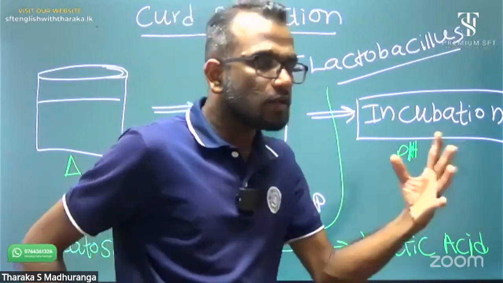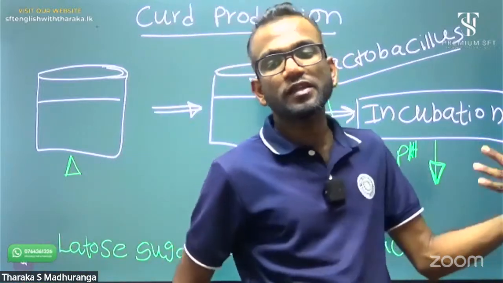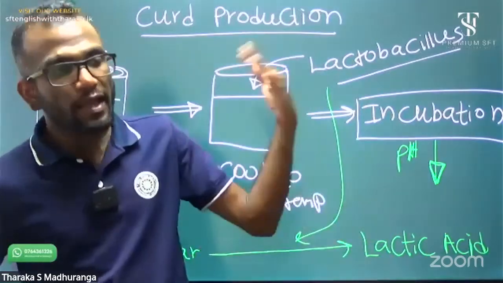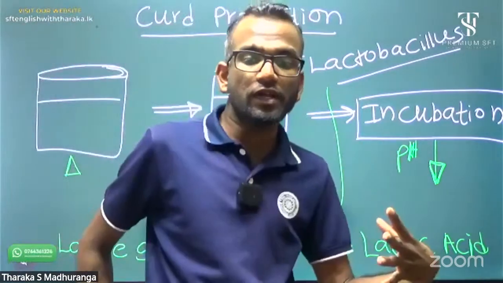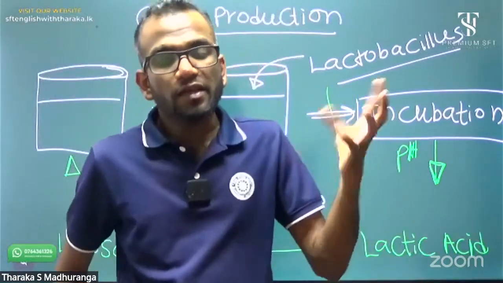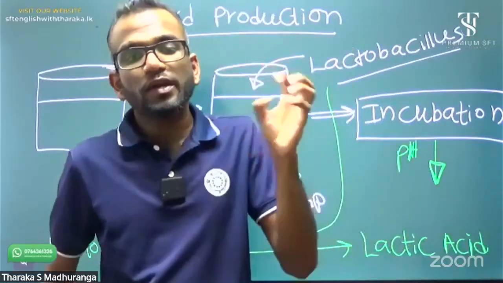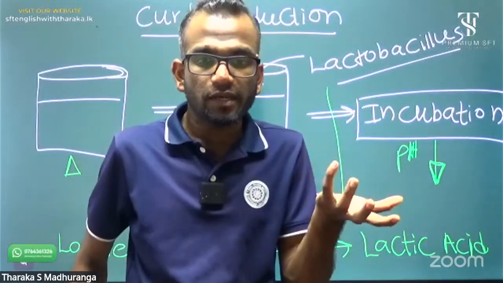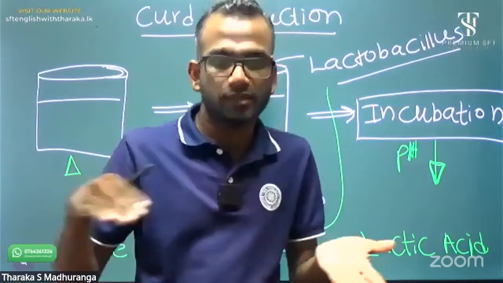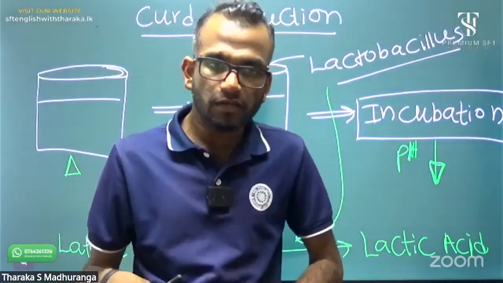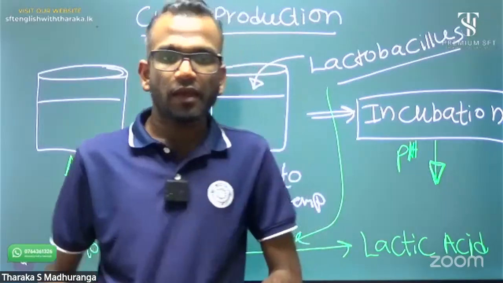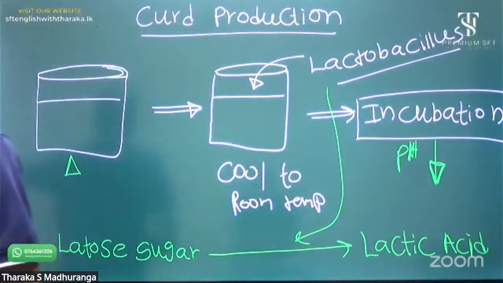In the low pH value, casein protein denatures. That's the story. In the denaturation of proteins, what happened? Liquid casein converts into crystals, solid. That we call curd, semi-solid curd. Understood? Any doubt?